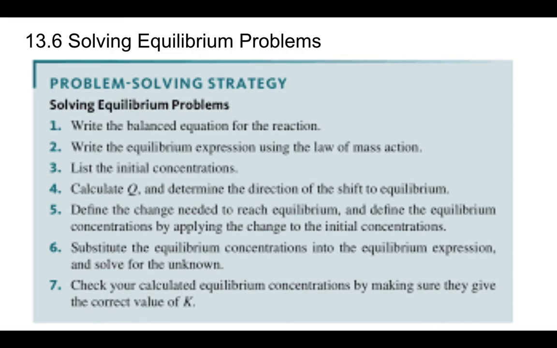We've got our I. Now we have our C. Our C is going to be plus or minus X's, maybe plus 2X or plus 1X or minus 2X or minus X, or whatever the stoichiometry is for shifting right or shifting left. And then we combine the initial and the change to get the equilibrium concentrations, and then we plug those into the equilibrium expression and solve for the unknown.